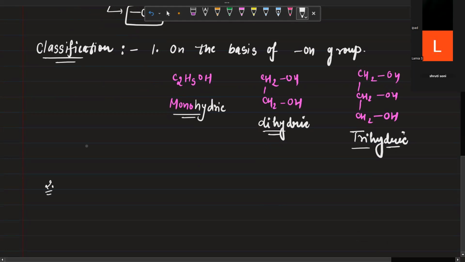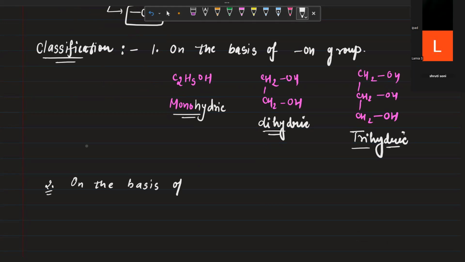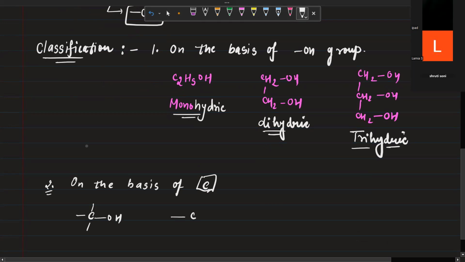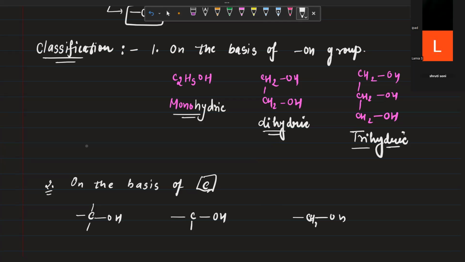On the basis of carbon. Let's suppose this is OH, and here is this one, CH2, CH, and C. So tell me, what is the difference between them?